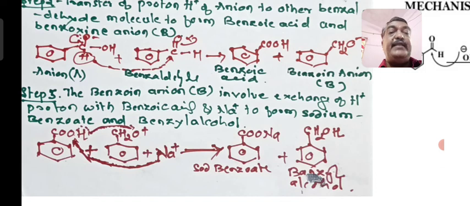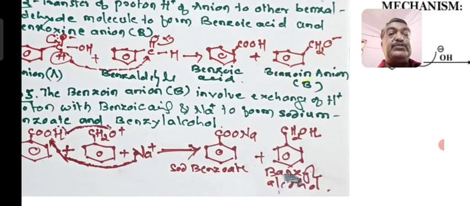So that makes CH2O to CH2OH. Here is a small correction by mistake: it is CH2O minus, not CH2O plus. CH2O minus will take a proton from the benzoic acid and make it into benzyl alcohol, and then there is sodium benzoate.